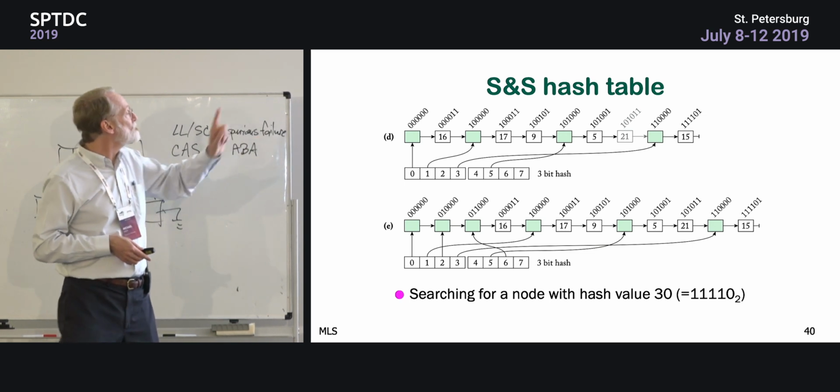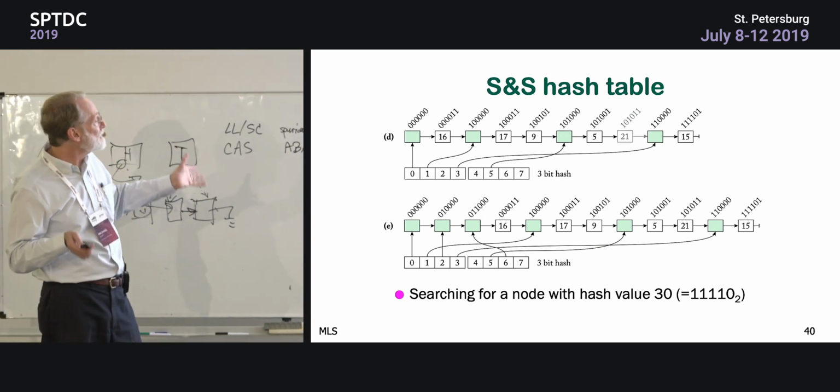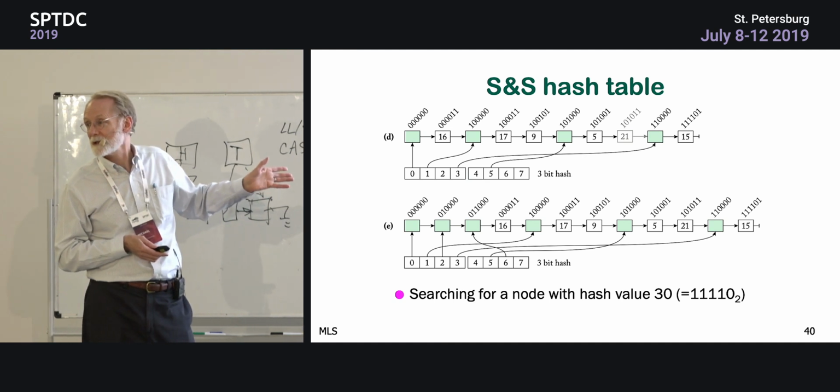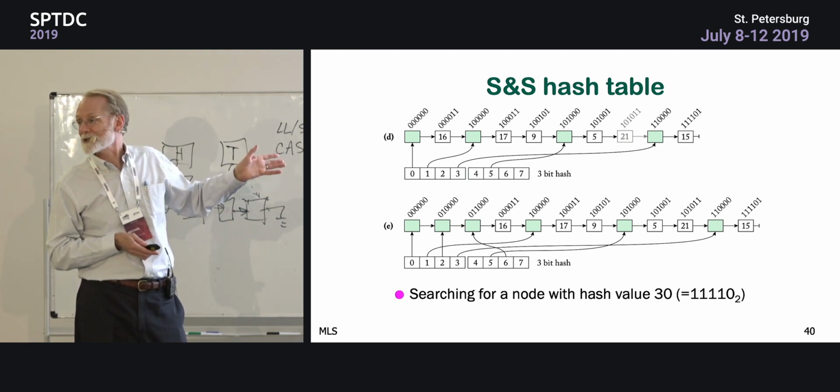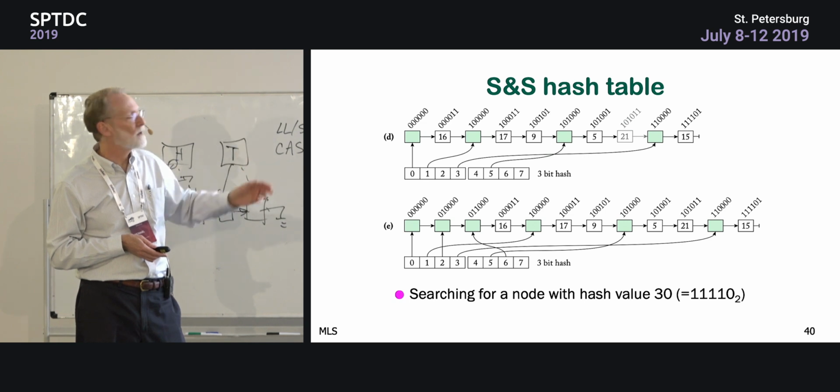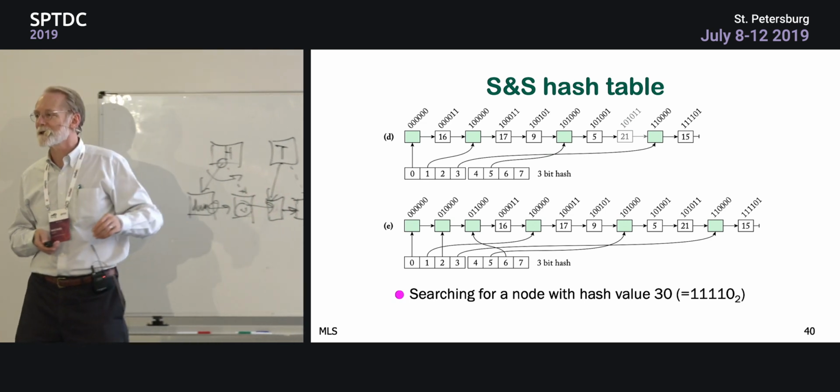The things that used to be in bucket 2 are now split between buckets 2 and 6, and they all ended up in bucket 6. The only one, the 16, ended up in bucket 6.